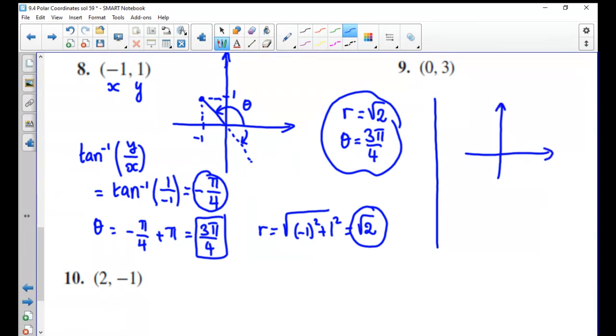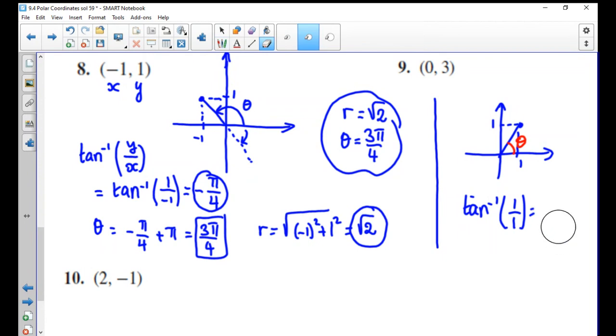If you take the point 1, 1, and take tangent minus 1 of 1 over 1, it will give you exactly pi over 4. That's exactly the theta we are looking for. There is nothing we need to do here. Do you understand? So it just depends on where the point is in the coordinate plane.